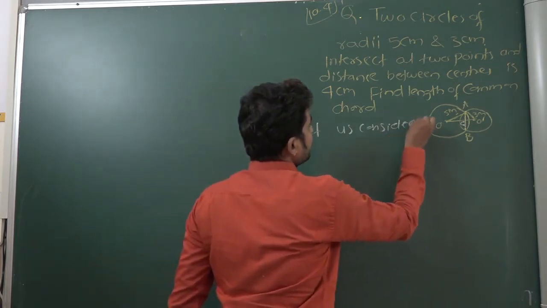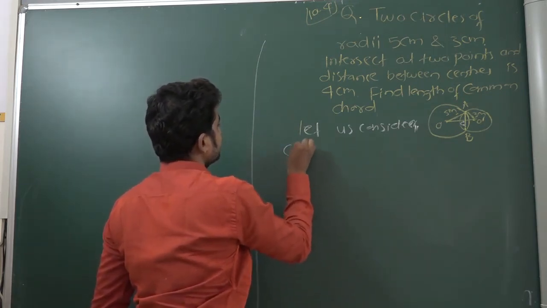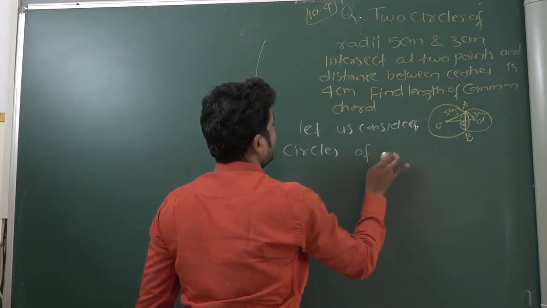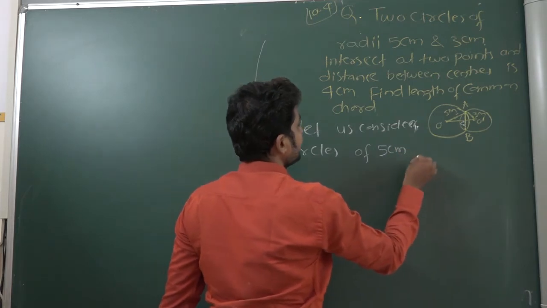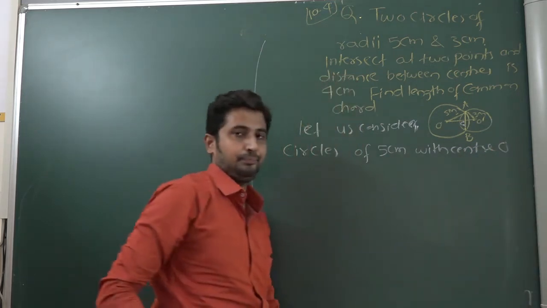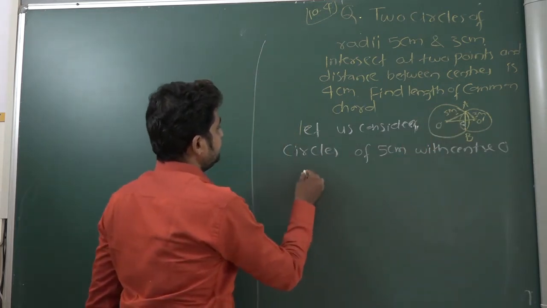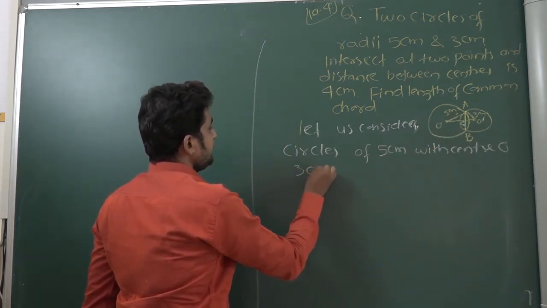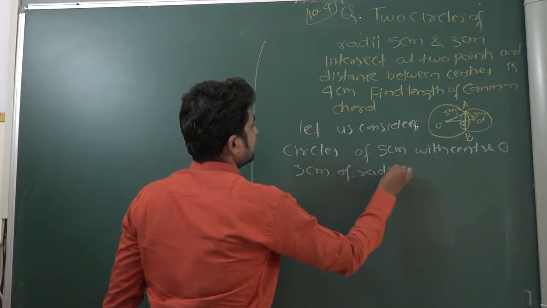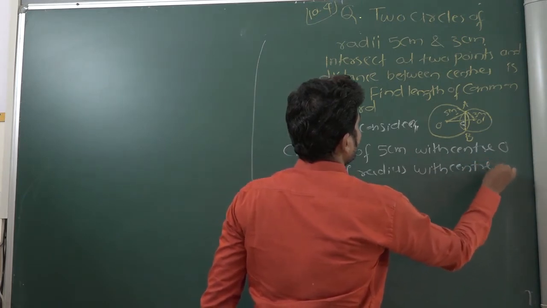Now let us consider the circle of radius 5 cm with center O, and the circle of radius 3 cm with center O dash.